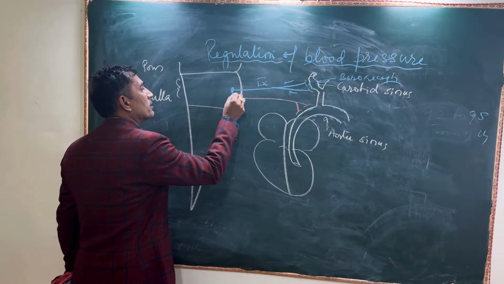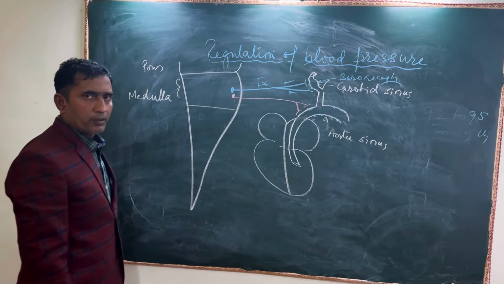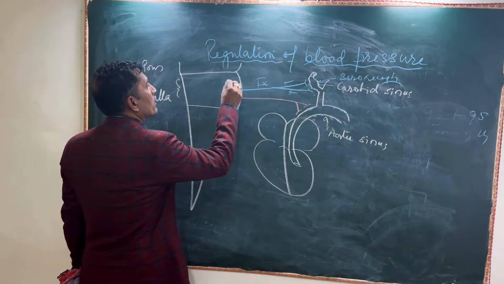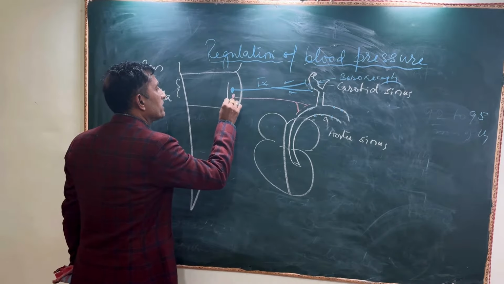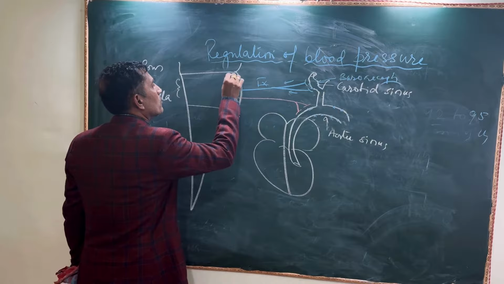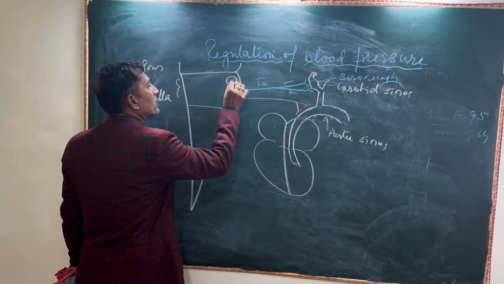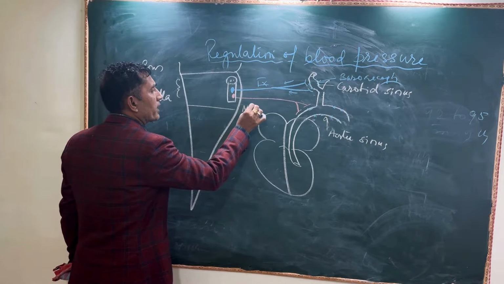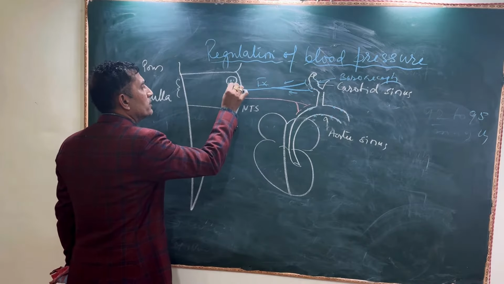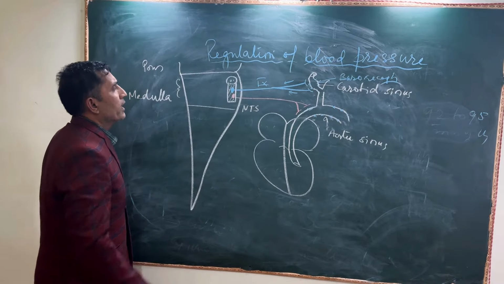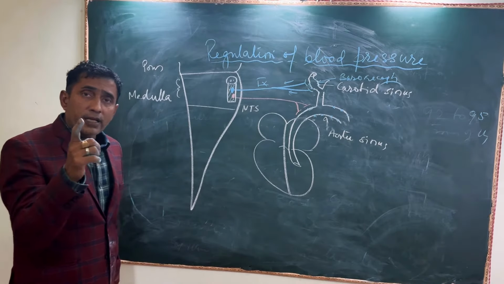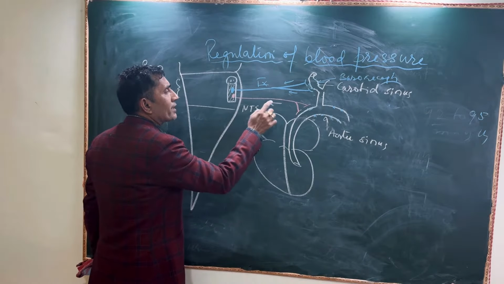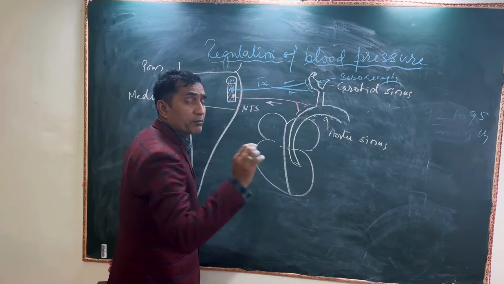The center is also present in the medulla. Now here what I want to say is there is a center which collects the information about the pressure, the nucleus tractus solitarius. Another name for it is the sensory area. This nucleus tractus solitarius will collect the information about the status of the pressure.